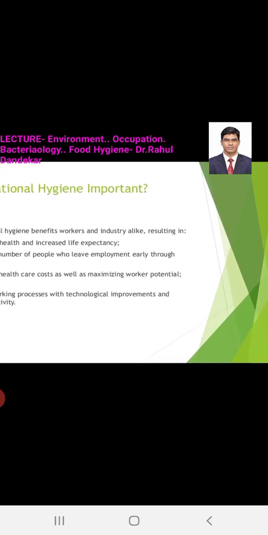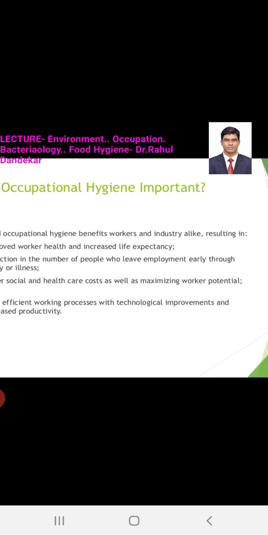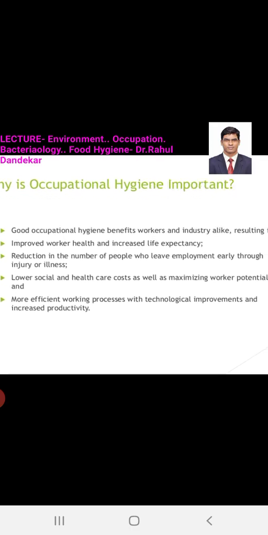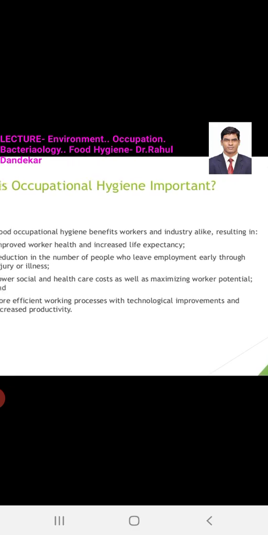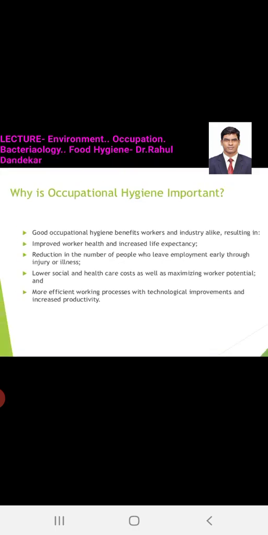Why is occupational hygiene important? Good occupational hygiene benefits workers and industry alike, resulting in improved worker health and increased life expectancy, a reduction in the number of people who leave employment early through injury or illness, lower social and healthcare costs, maximizing worker potential, and more efficient working processes with technological improvements and increased productivity.